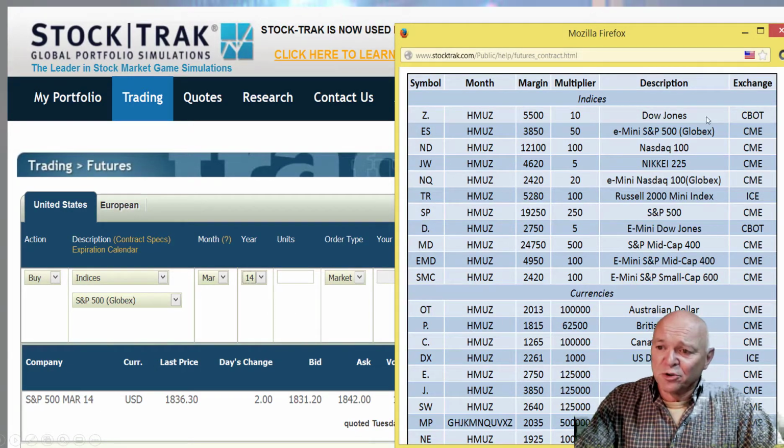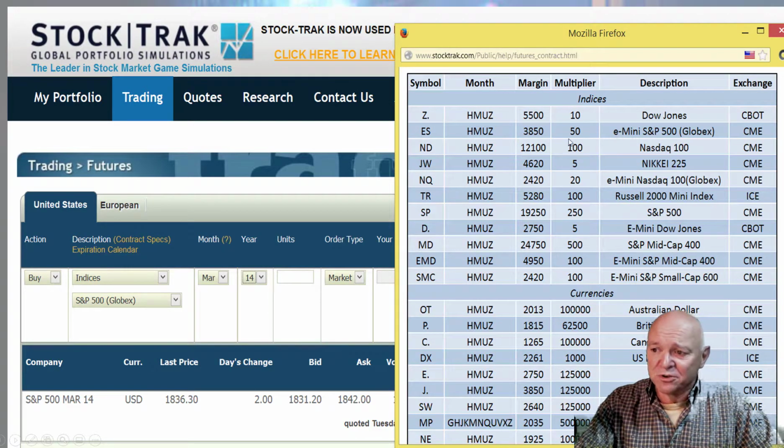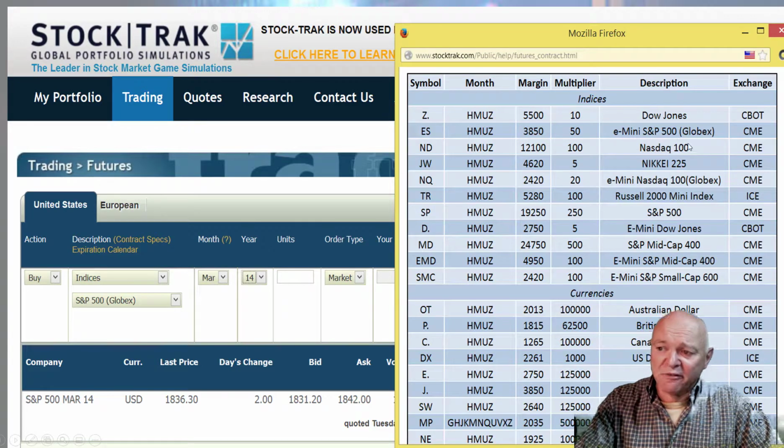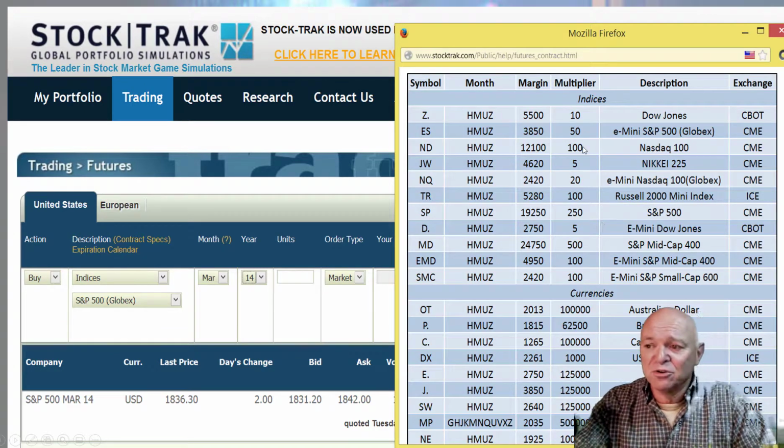And I can see over on the right-hand side, I've got a pop-up menu that shows that I can buy things like S&P 500, small number of contracts, E-minis, S&P 500 Global, traded on CME or Chicago Mercantile Exchange. I can also buy NASDAQ or Nikkei or Russell 2000 index futures. And those are all things that are available to me. I can even buy something called futures options, which we'll talk about a little bit later in the course as well.